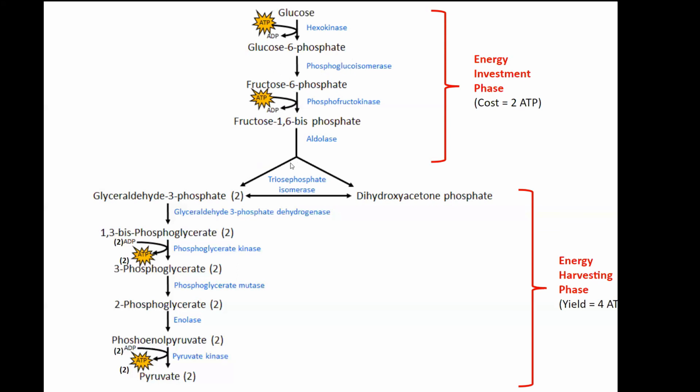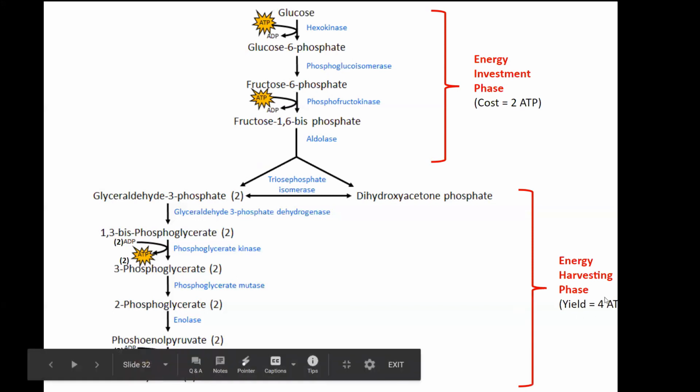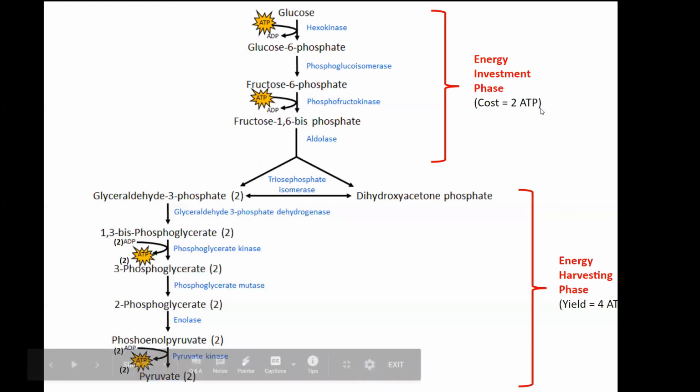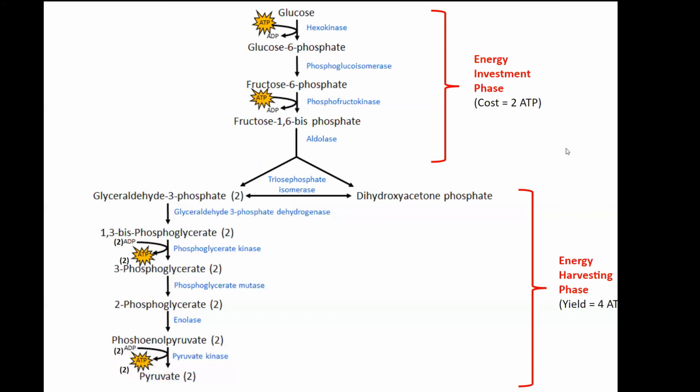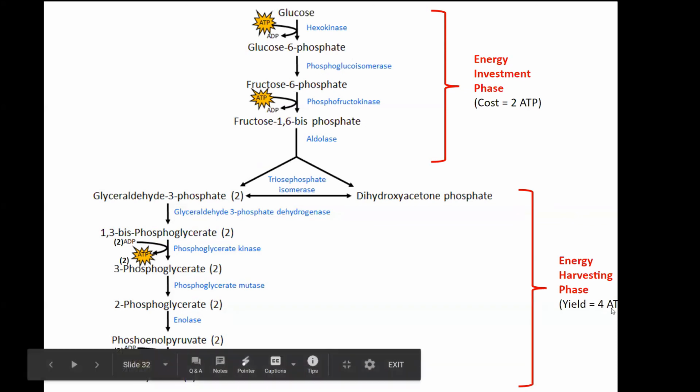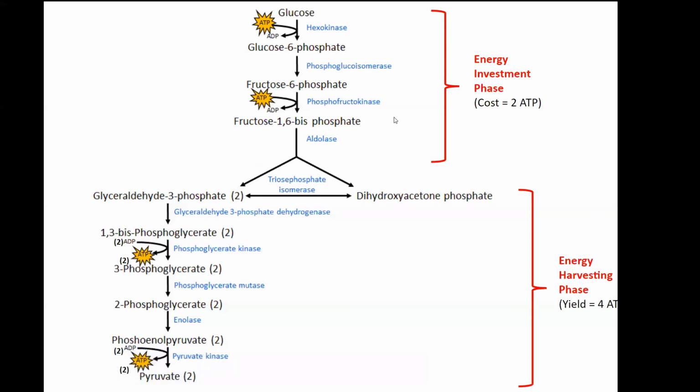After we destabilize this molecule and split it in half, we are then able to get out some ATP molecules, and we get out more than we put in, which is why we have a net yield of 2 ATP. Because we spent 2 ATP, but we earned 4 ATP. So overall, we made ATP. You don't need to know the names of these specific enzymes, but you can see that here where we make ATP, we used a kinase.